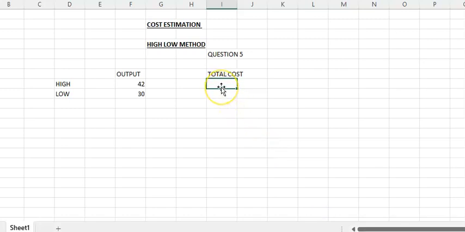So you subtract, again put a minus here. Now you subtract 42 minus 30, you get 12. And then you also say 6,700 minus 5,826, you get 874.